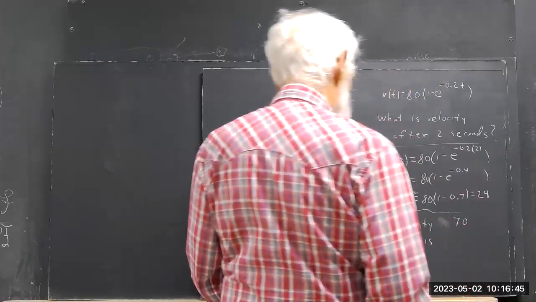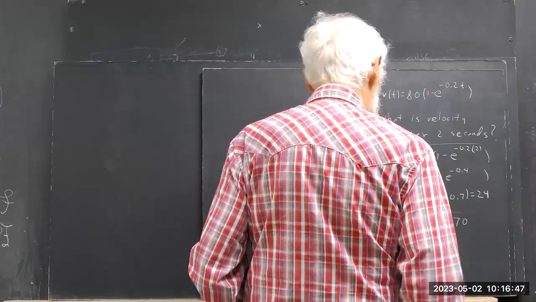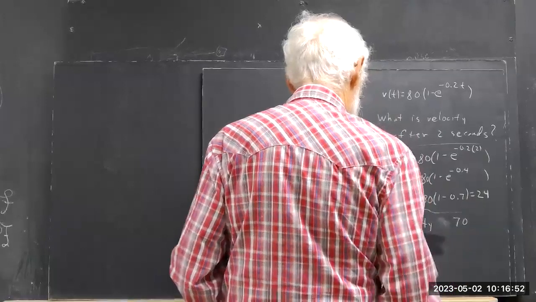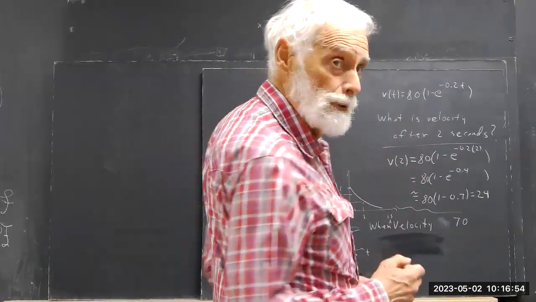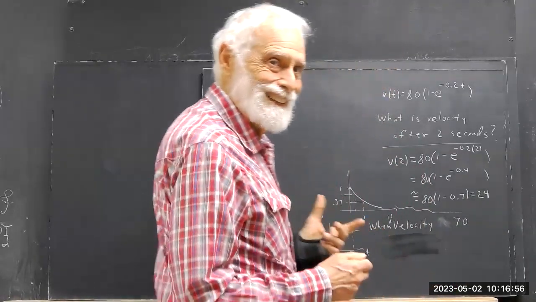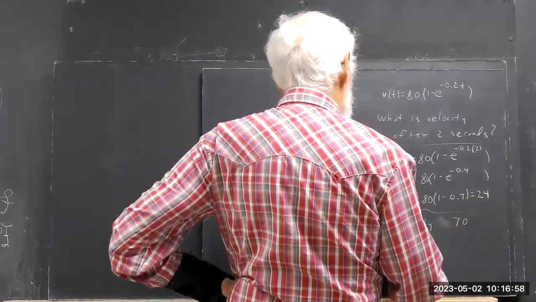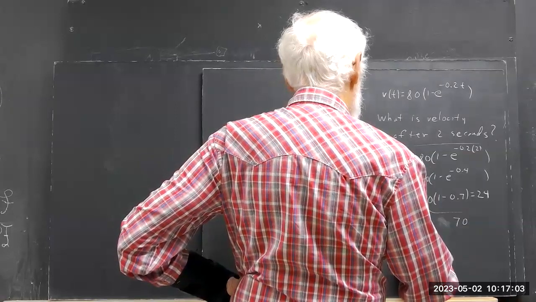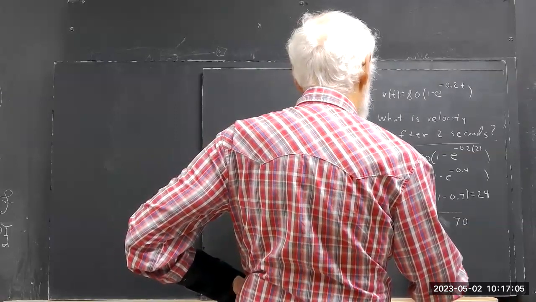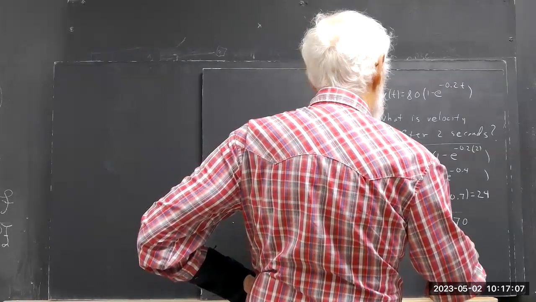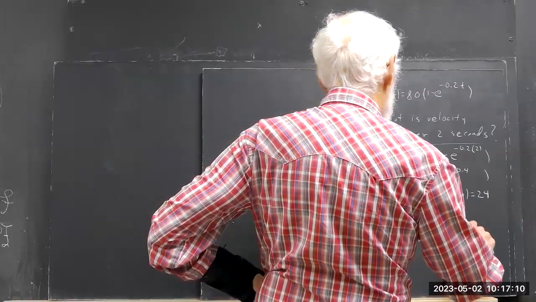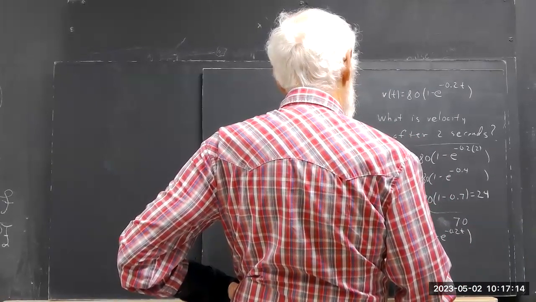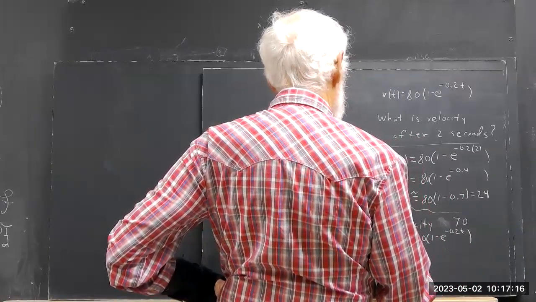Okay, let me insert a little bit more here. Basically, the D is what's on the end. Here's your velocity.